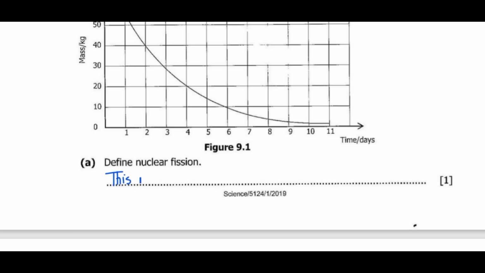So say this is the splitting of an unstable atom of an element after bombarding or colliding with a neutron. But the whole thing here is just about the splitting of unstable atoms. Then during nuclear fission, energy is produced.